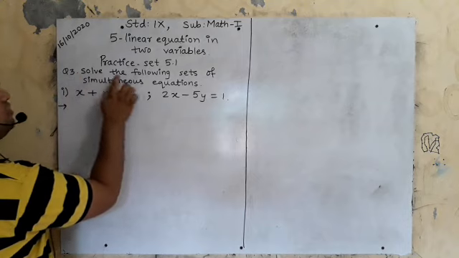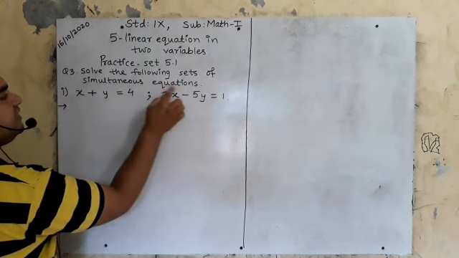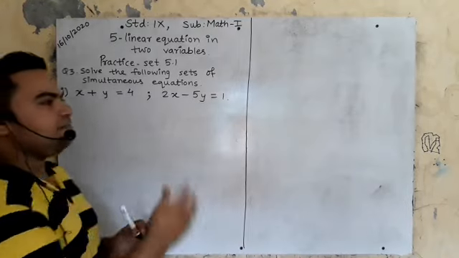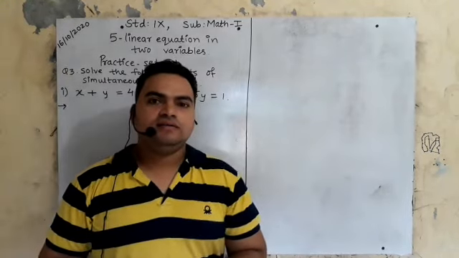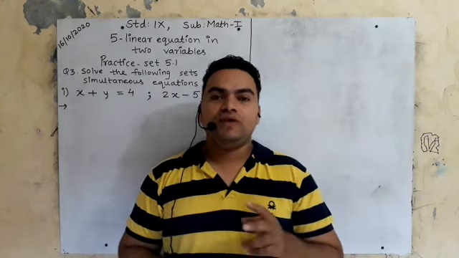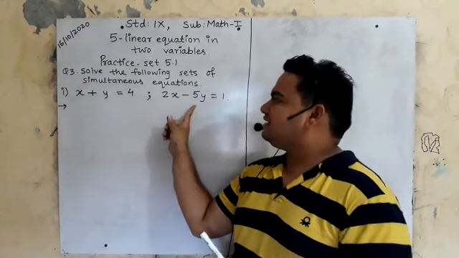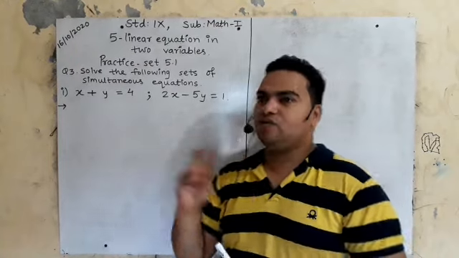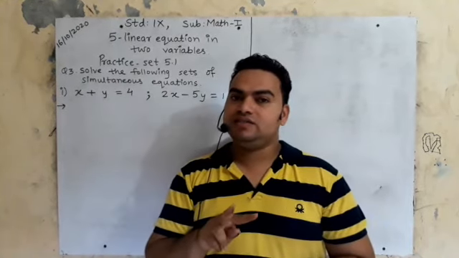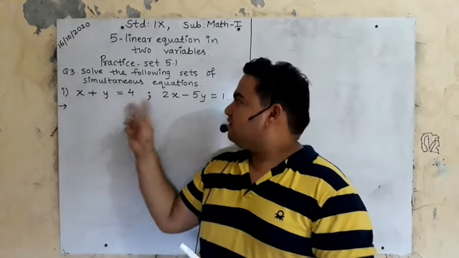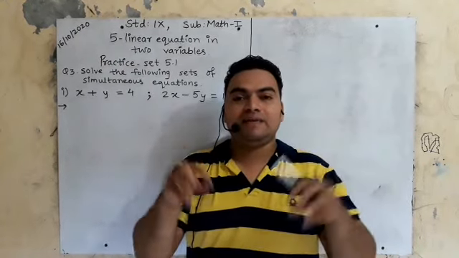Question number 3 is solve the following sets of simultaneous equations. Okay. So first of all, tell me what are simultaneous equations. Simultaneous equations means when two linear equations, this is one and this is another, with two variables, we can use at the same time.